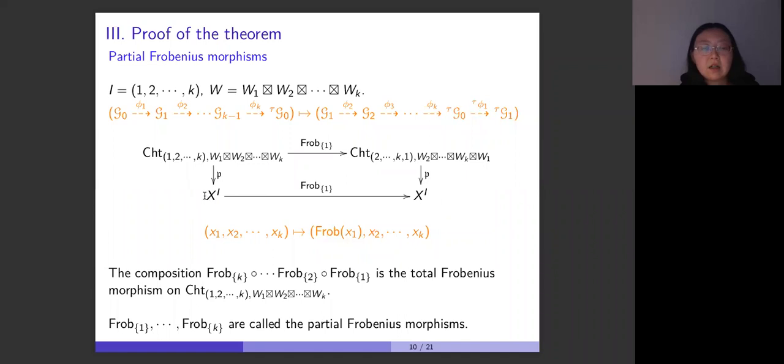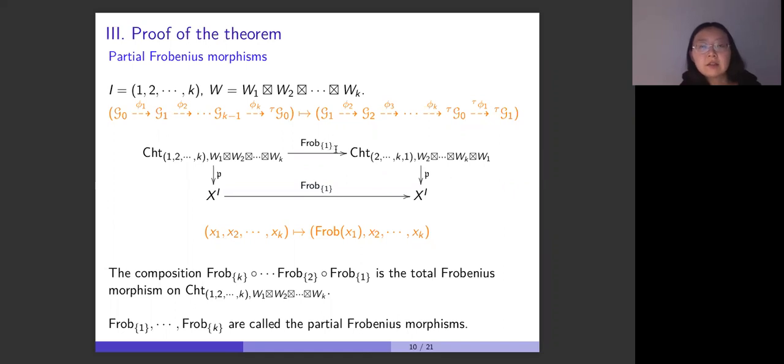So on the bus line, what happens is that you just have a Frobenius for the first factor and identity for the other factors.